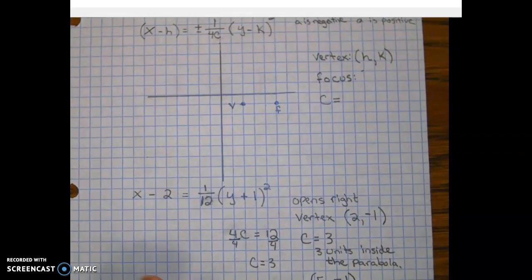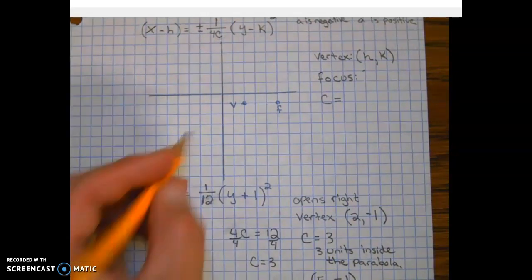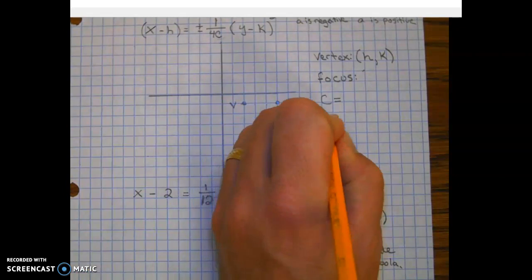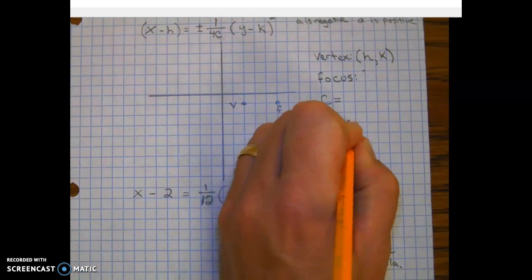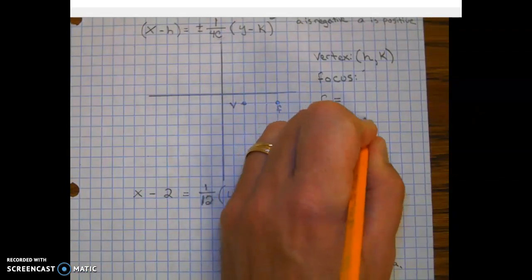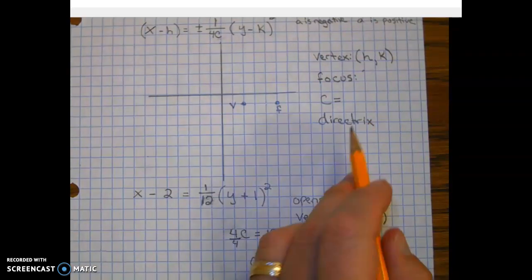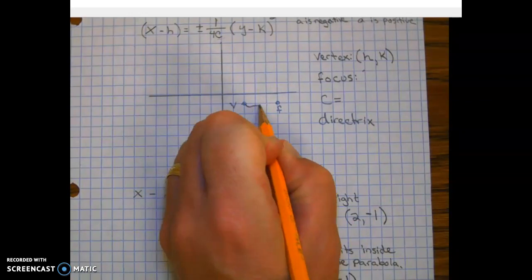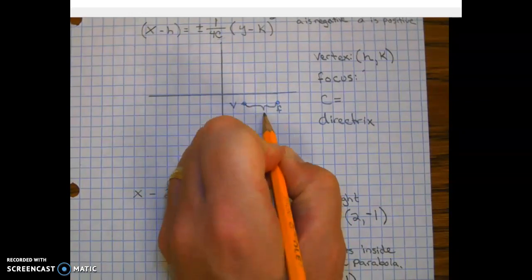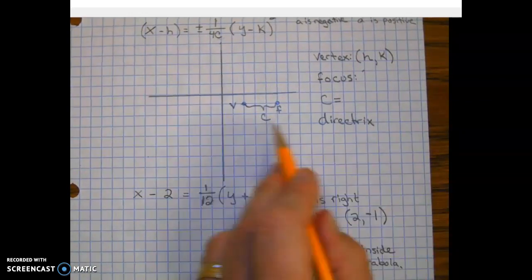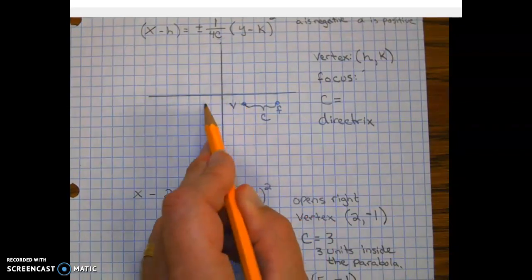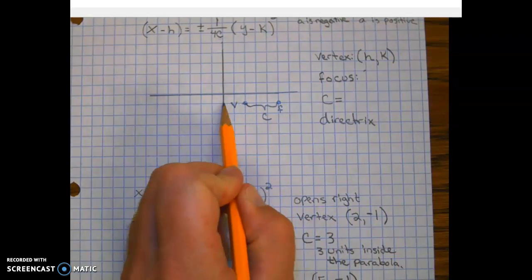Okay, next we're going to calculate what's called the directrix. Let's go back here and label this C. The directrix is going to be C units outside of our parabola. So 1, 2, 3.